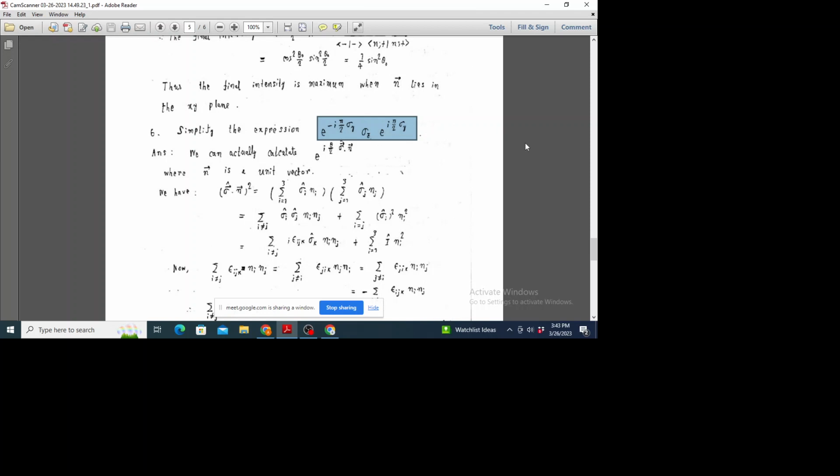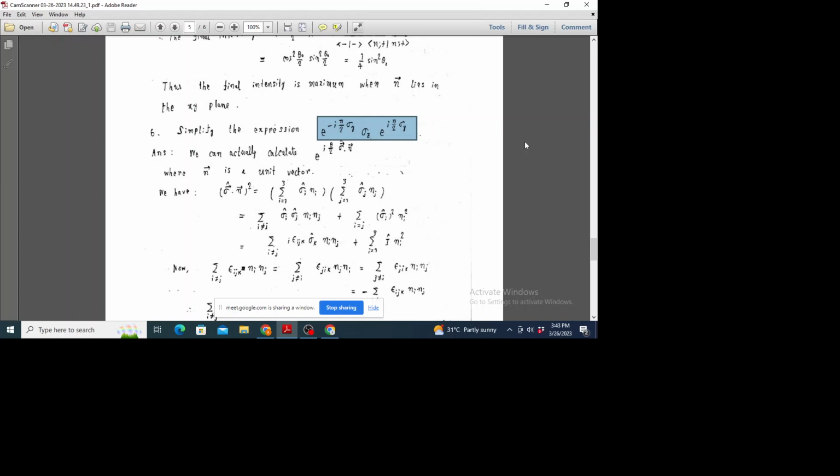So this unitary transformation amounts to a 180-degree rotation, and we see that the rotation is about the y-axis by angle pi.